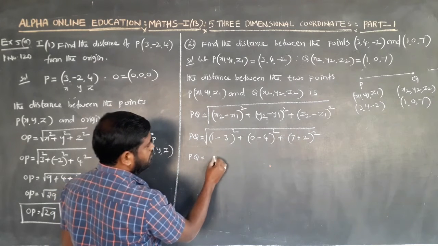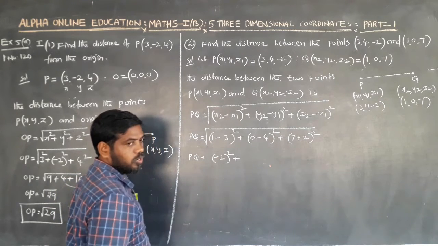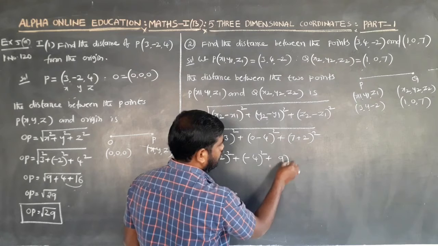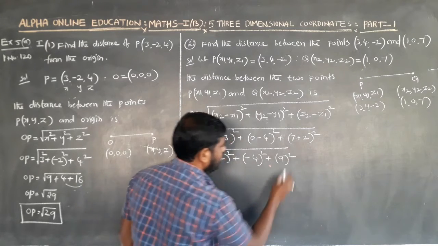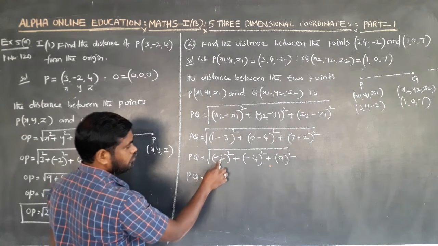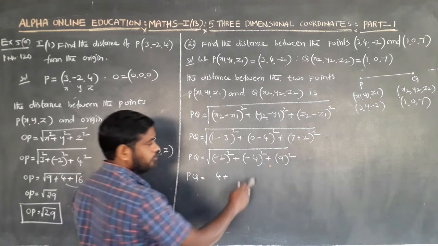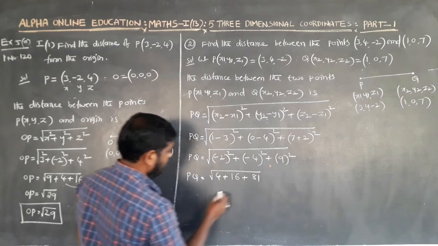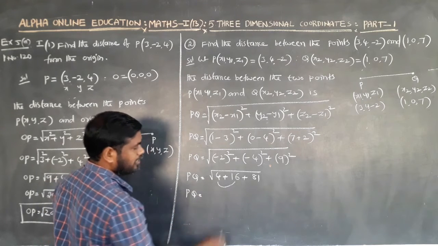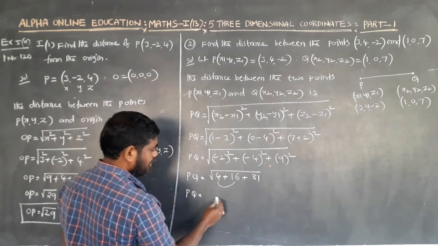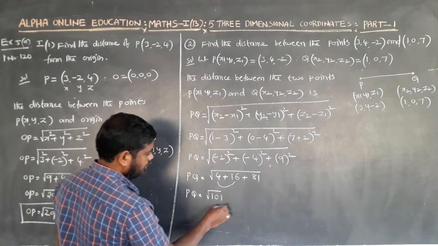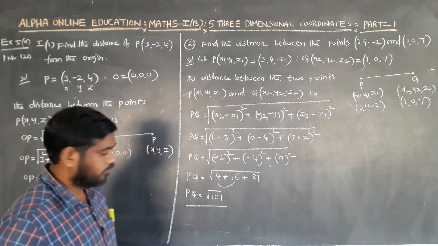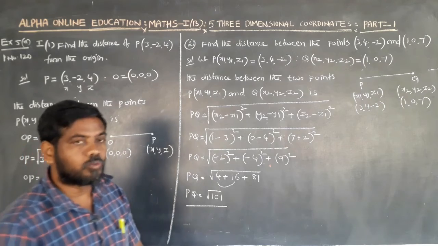PQ = √[(−2)² + (−4)² + 9²] = √(4 + 16 + 81) = √101. This is the distance between the 2 points.